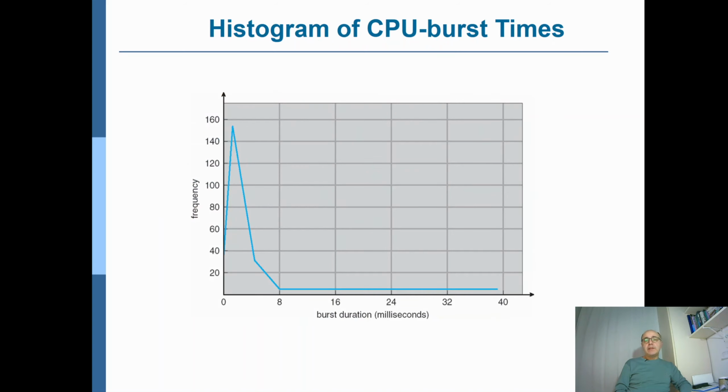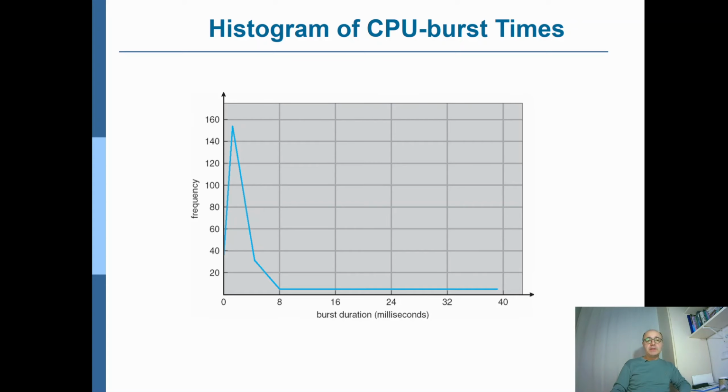If you look at the length of the CPU bursts, sometimes the CPU bursts will be quite short, but sometimes they will be quite long. So how likely is it that the CPU bursts we observe are short or long? If we take the histogram of the CPU burst times, that means check how frequently we have short CPU bursts, medium length, and long CPU bursts.